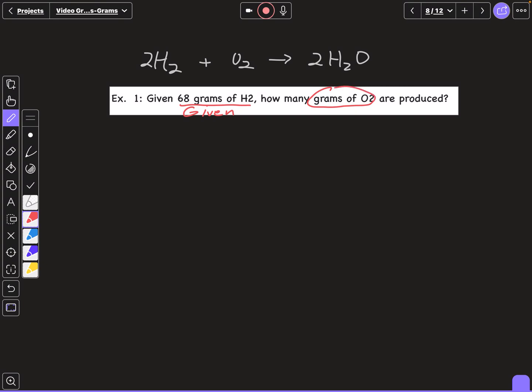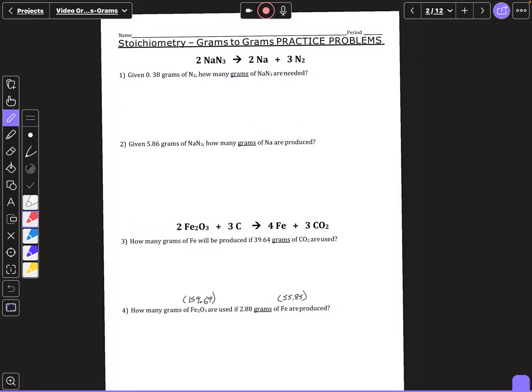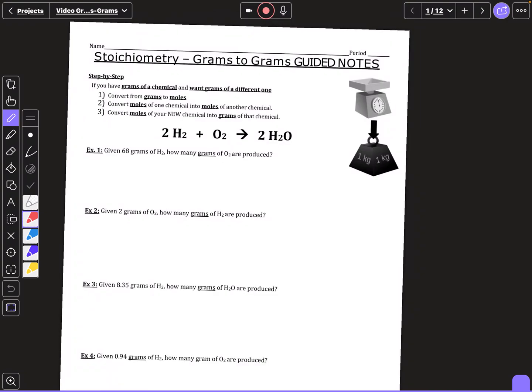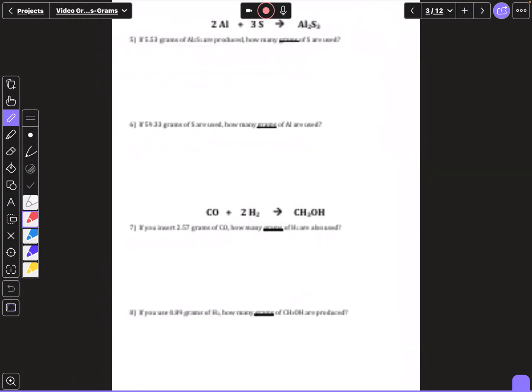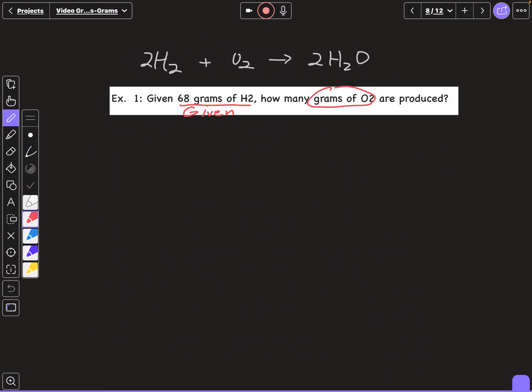Actually, it should say how many grams of O2 reacted with it, because O2 is not a product. But regardless of how it's worded, it still asks you to go from grams of H2. You have 68 grams of this stuff. How many grams of O2 are needed to react with it?